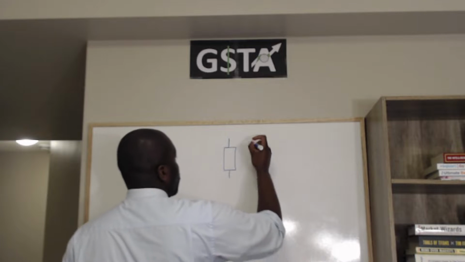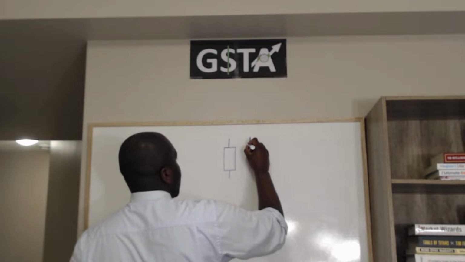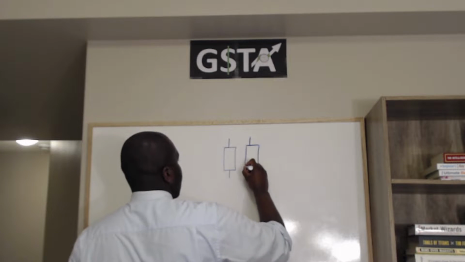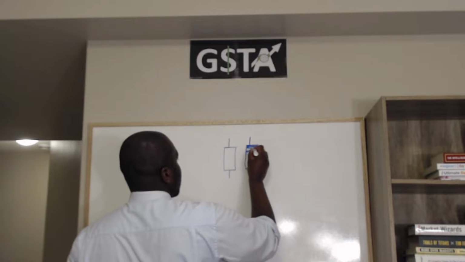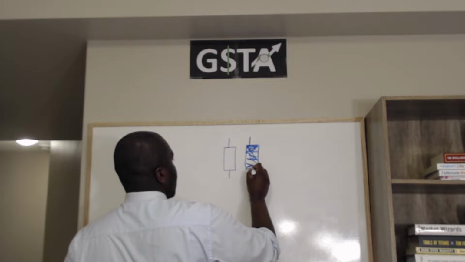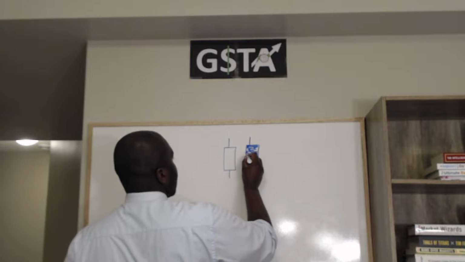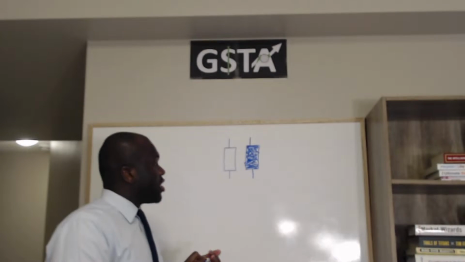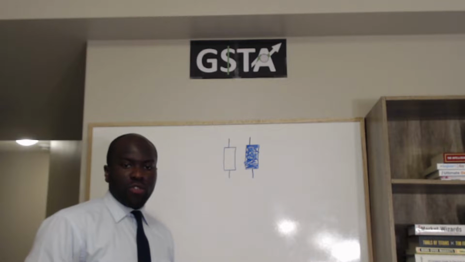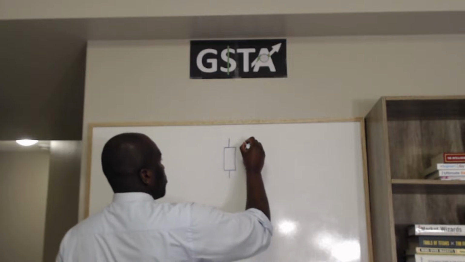You also see those kinds of things, same thing but the color is a bit different. So this is a white candle here, and a red or black candle, which is a bearish candle. You used to see that, right?